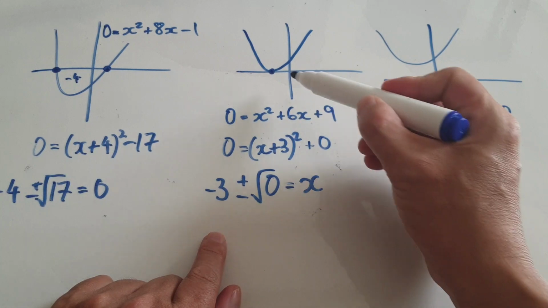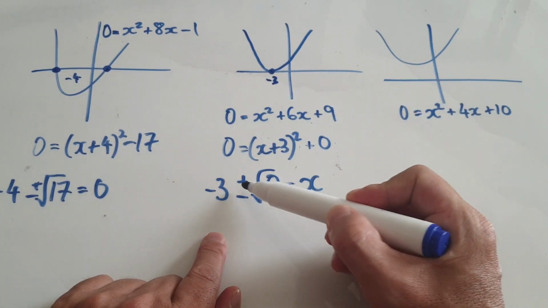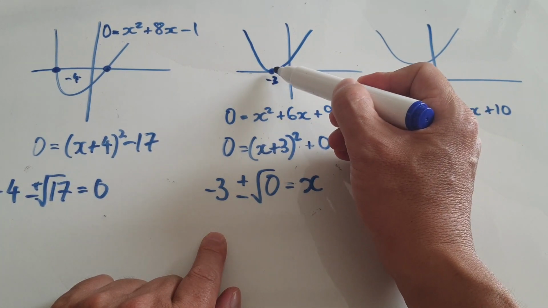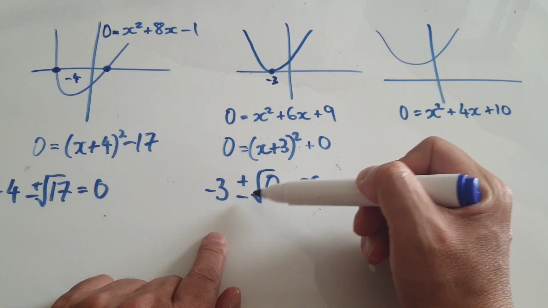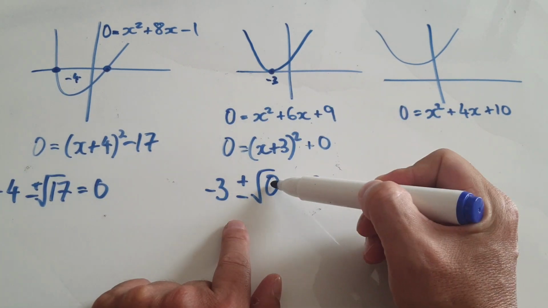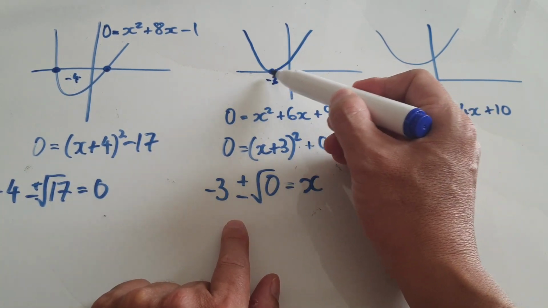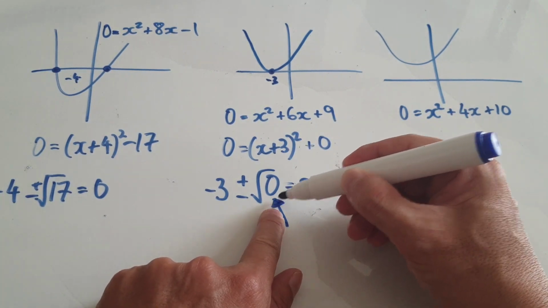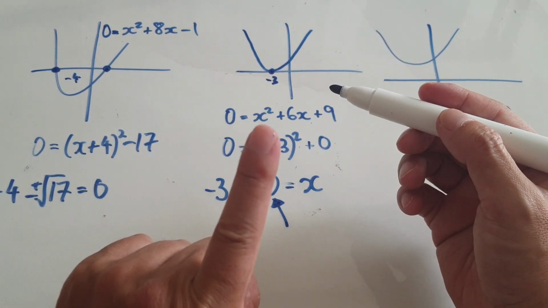What this means is this is at -3, and then you add root 0 and take away 0. That's why when the square root thing is 0, you're going to get one solution.